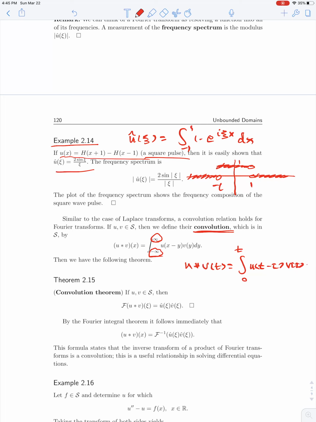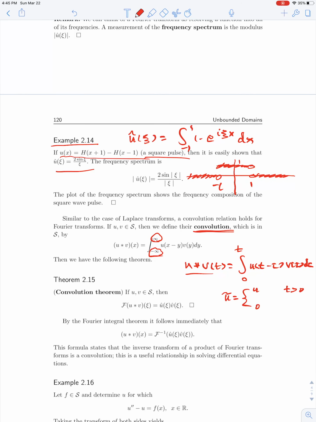The reason for the difference is that we can regard u and v as functions defined when t is greater than 0, and then we extend them to 0 when t is less than 0. So when tau is greater than t, this term would be 0.